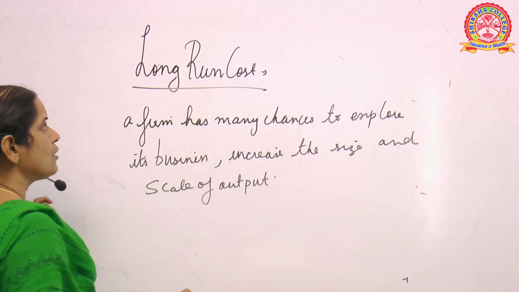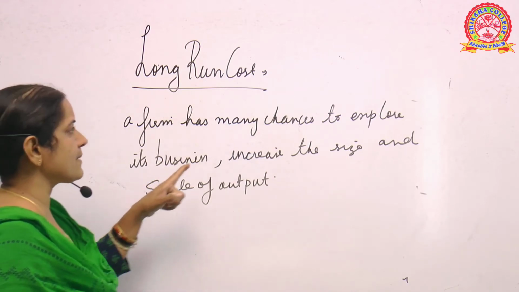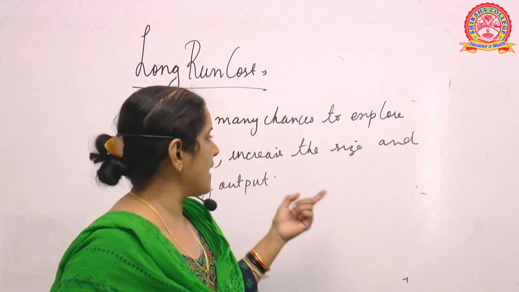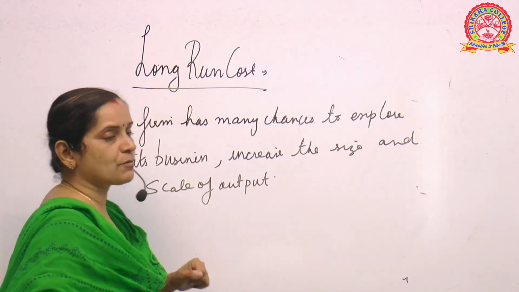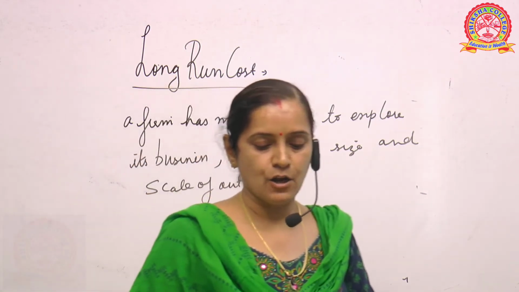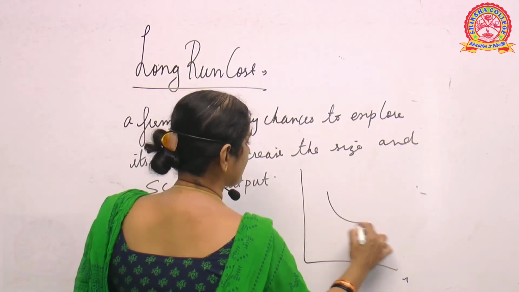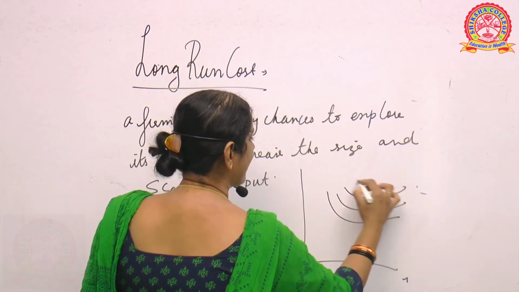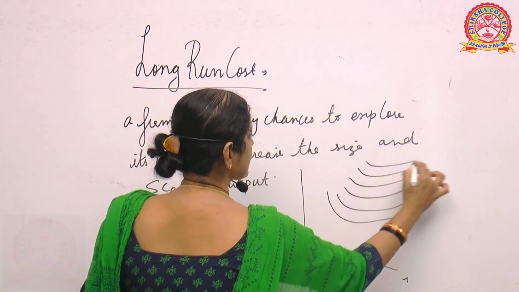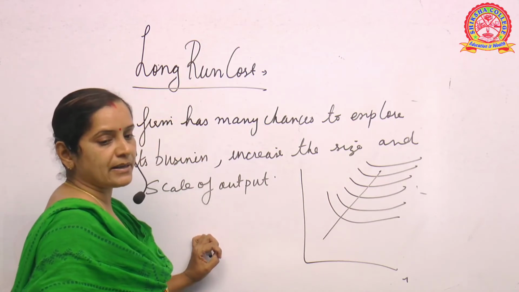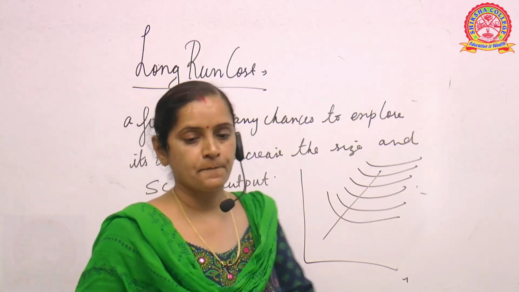Are you getting my point? So in long run cost, a firm has many chances to explore its business, increase the size, then increase the scale of output, go for expansion and all that. So here a curve will be something like this, meaning the scale of output is increasing. You see, the scale of output increases slowly.